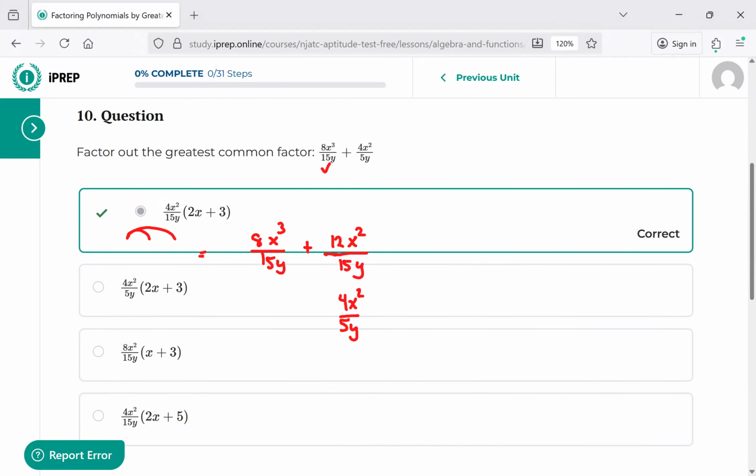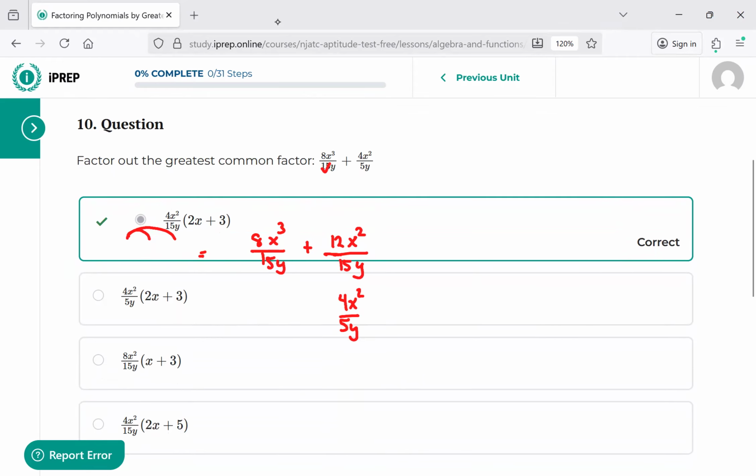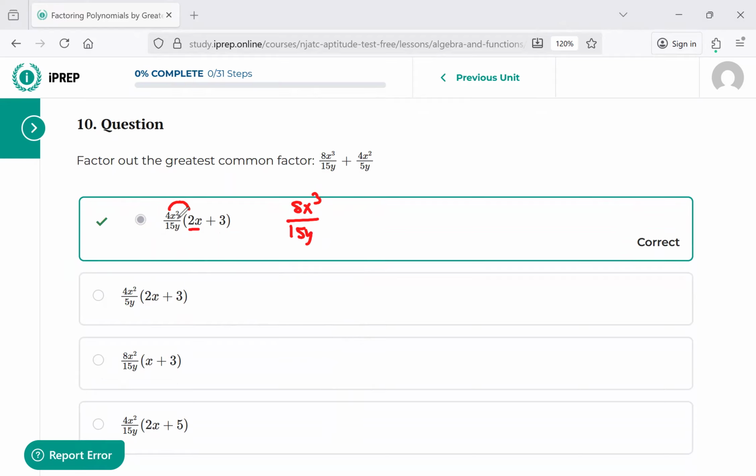Correct. Awesome. So this one, I was a bit confused, but what I did was I just tested each one. So I FOILed out the first term, and you get 8x cubed over 15y, right? If this confuses you, what I'm doing is 4x squared over 15y times 2x over 1.